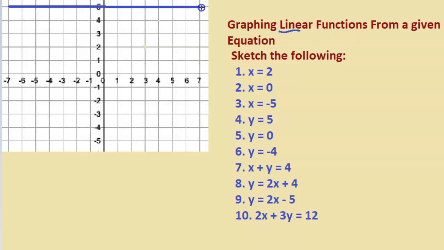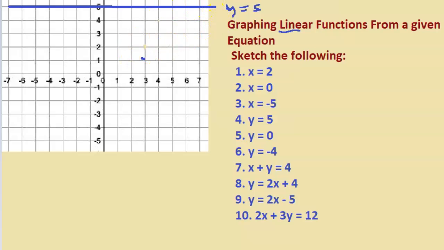So the segment of the line y equal to 5 will be that. Because the line y equal to 5 continues as far right as you can possibly go, and as far left as you can possibly go. We want to sketch what we call a segment of the line.